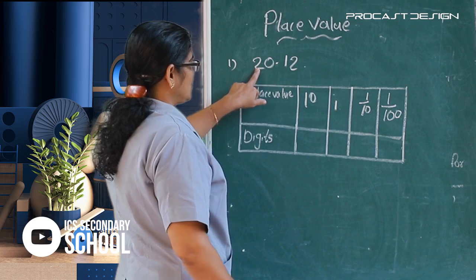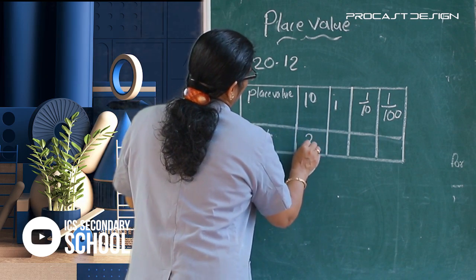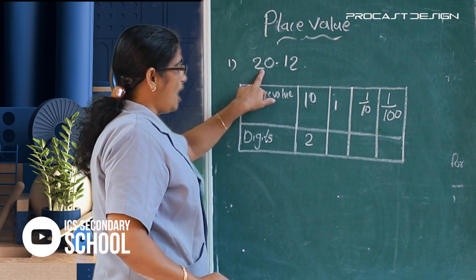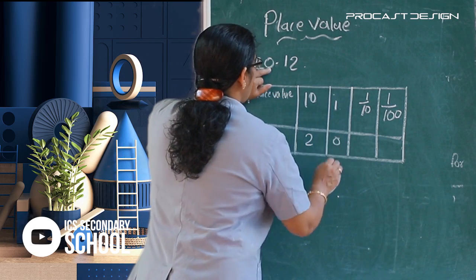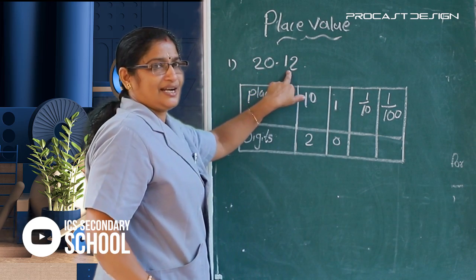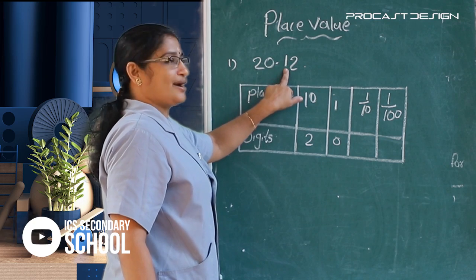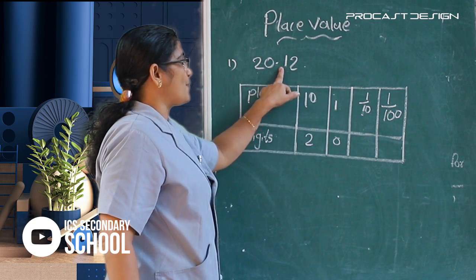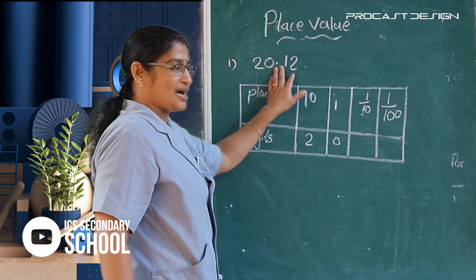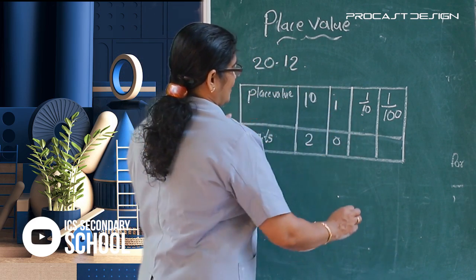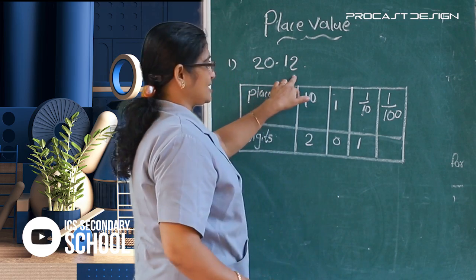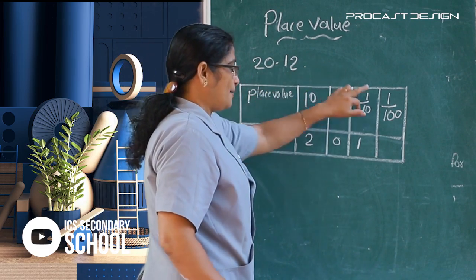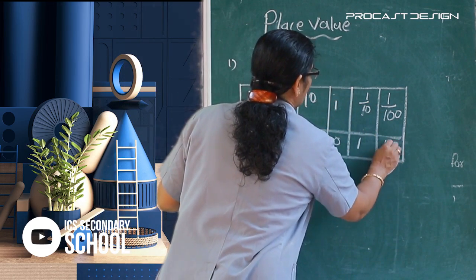Digits 2, 0, 1, 2. The 10 place is 2 and the 1 place is 0. After the decimal point, the first number 1 is 1 by 10, and the next number 2 is 1 by 100.